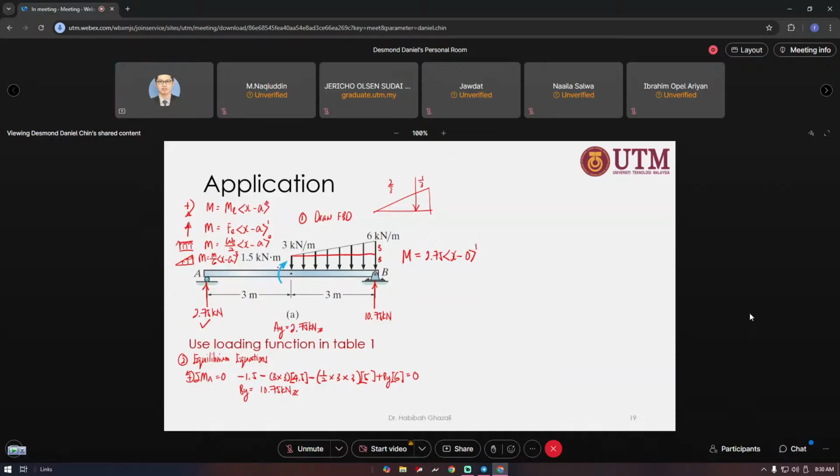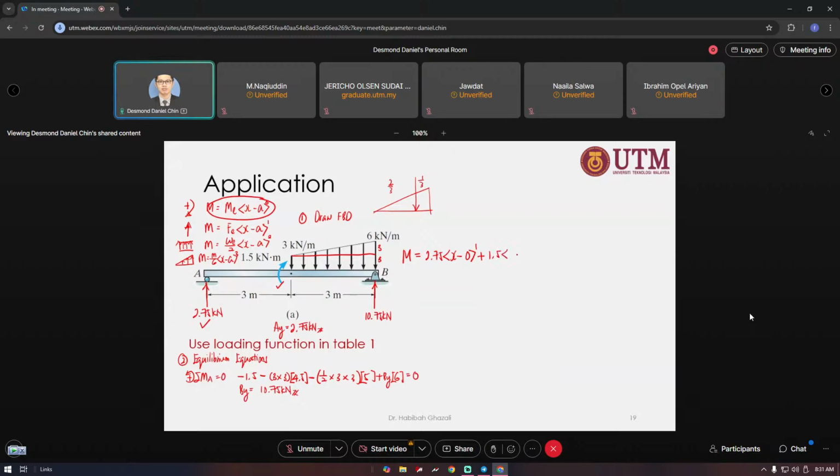Next, you have this 1.5 kilonewton meter moment, which is the closest one among the four equations. First one, right? Since this is already in clockwise motion, it obeys the direction of this equation, isn't it? So therefore, you have to put plus. What is your Me? Which is 1.5.